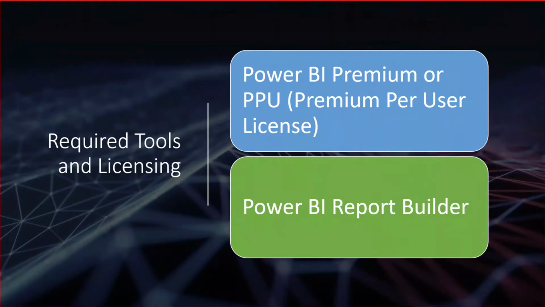To get started with paginated report, you can use any of these licenses. If you want to do some POCs, and publish and test this functionality, I would recommend going with the Premium Per User license. Nowadays it is available with a 60-day trial, and I will show you how to activate the trial for a Power BI tenant, so you will get more of an idea.